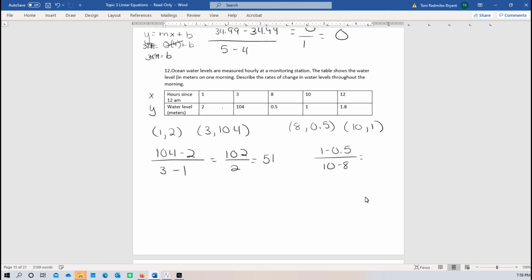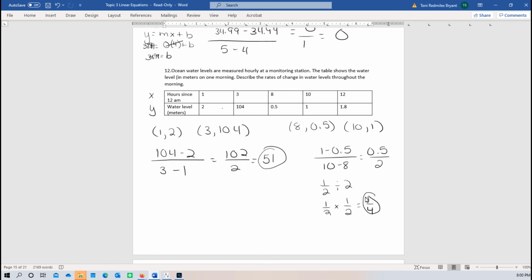And that is going to be 0.5 over 2, and I need to rationalize that. So it's 1/2 divided by 2, 1/2 times 1/2 equals 1/4. So I went from 51 to a slope of 1/4.